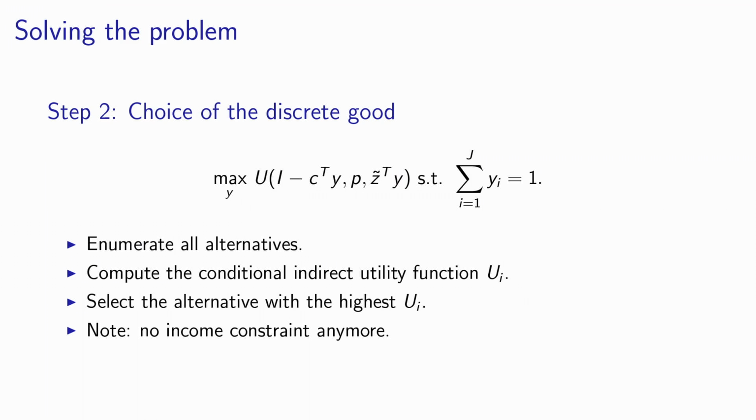And to do that, we will simply enumerate all alternatives, calculate this conditional indirect utility function for each of them, and then select the alternative with the highest UI. And here, actually, it's simple because we have no income constraint anymore, because the income is already in the utility function. We know already that this alternative is affordable because if it was not, it would have been removed in the previous step from the choice set.